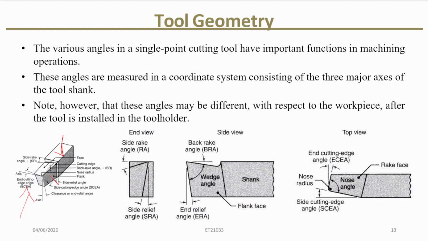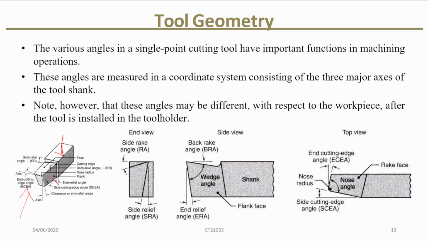Here it is mentioned that using this line, it refers to the shank surface. Then this angle shape refers to this surface. I think it's clear to you.